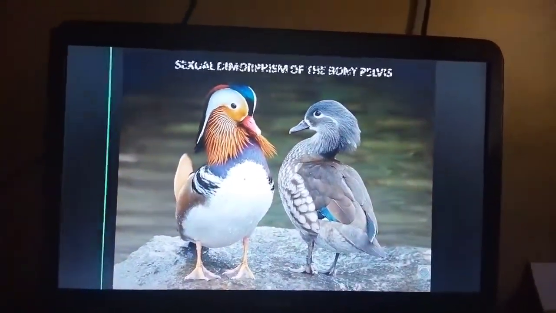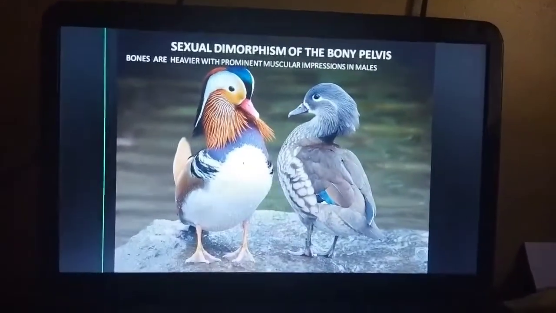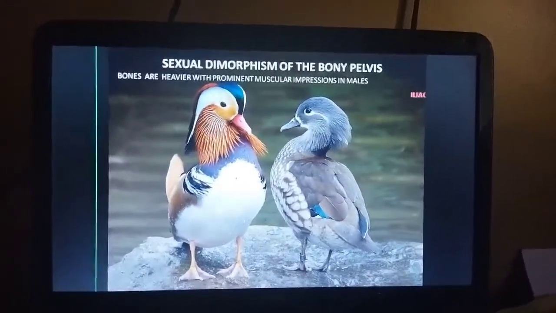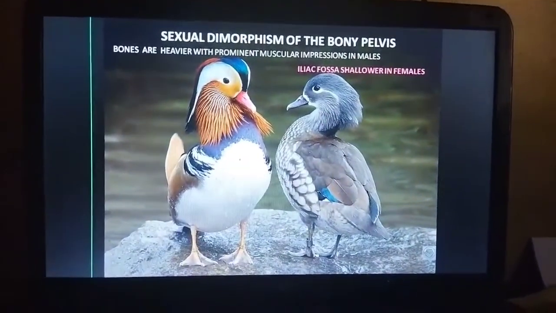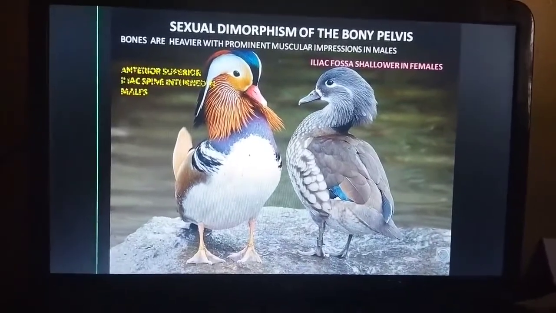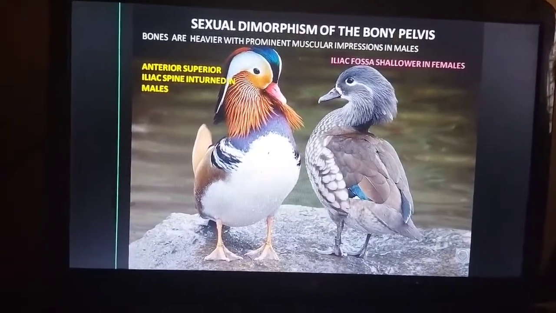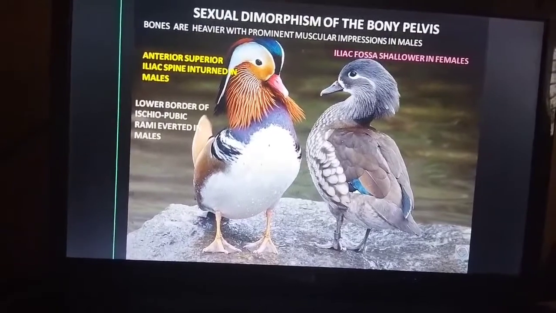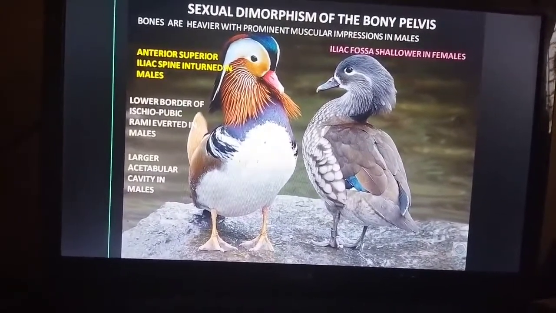Now we come to an interesting subject, sexual dimorphism of the bony pelvis. Bones are heavier with more prominent muscular impressions in males. Iliac fossa is shallower in females. Anterior superior iliac spine is turned inwards in males. The lower border of the ischiopubic ramus is everted in males.